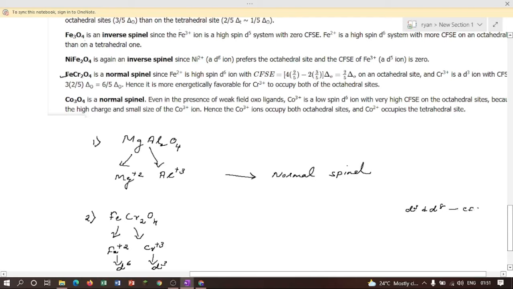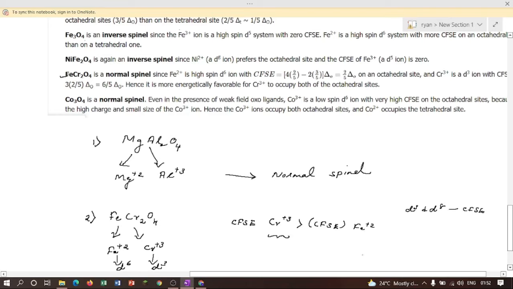Therefore, the crystal field stabilization energy of Cr3+ is greater than that of Fe2+. So this is an example of normal spinel, or we can say tripositive is greater than dipositive.